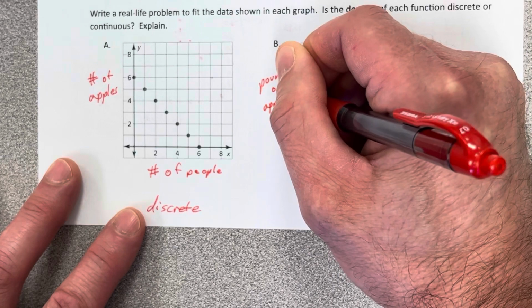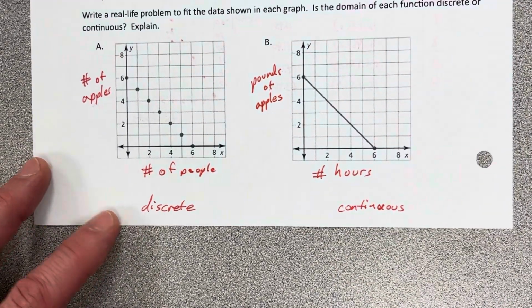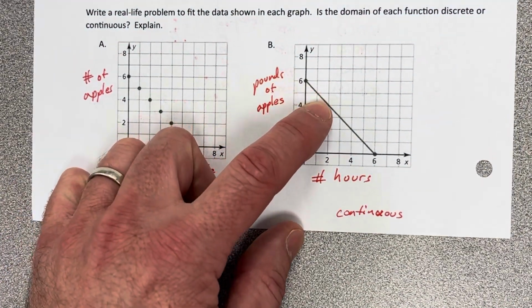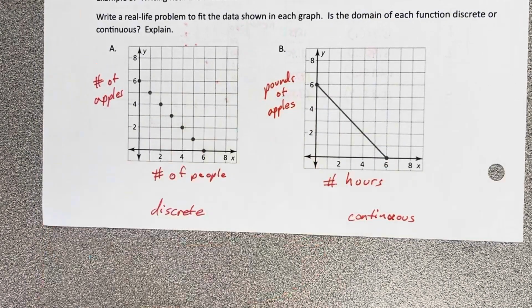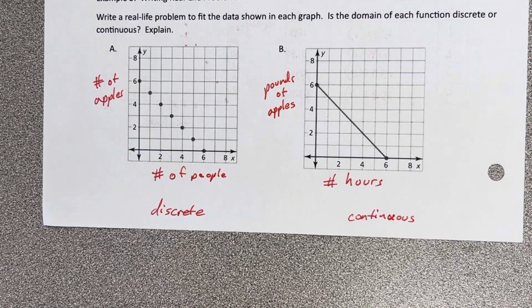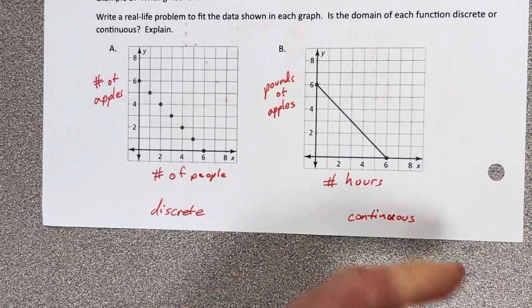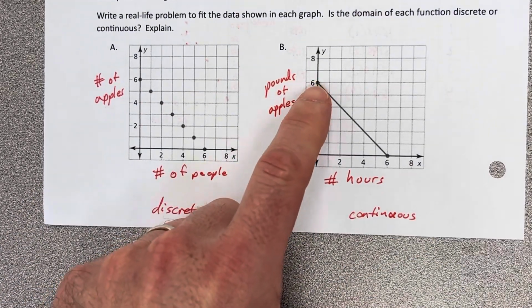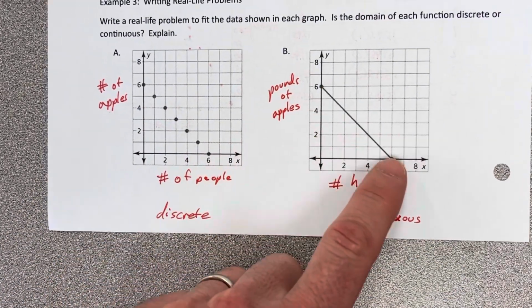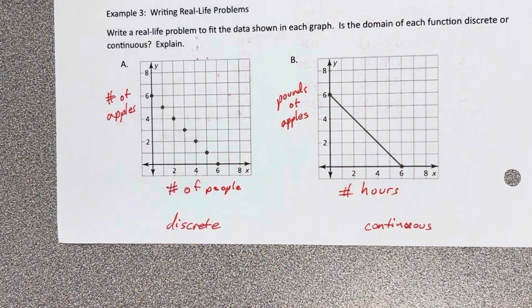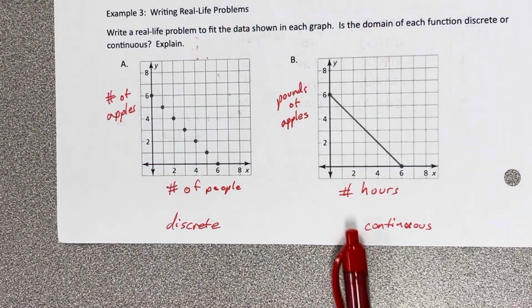So maybe you got these processed apples, and as time goes by, more and more of the processed apples are being used up. Maybe they're making pies or something like that. So that could be continuous apples. The pounds can be continuous, the hours can be continuous, and just the amounts of apple stuff is slowly decreasing as long as you're talking about the weight. All right, there you have it. Thanks a lot.